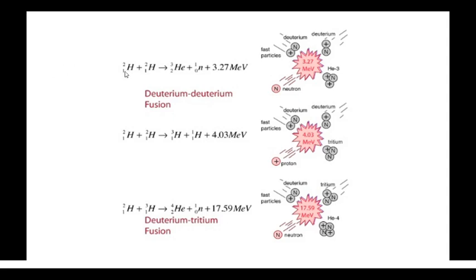See, deuterium is H12. So H12 plus H12 giving He23 plus nitrogen plus 3.27 MeV. So this is the first deuterium-deuterium reaction in which two deuterium nuclei fuse to form a helium nucleus.